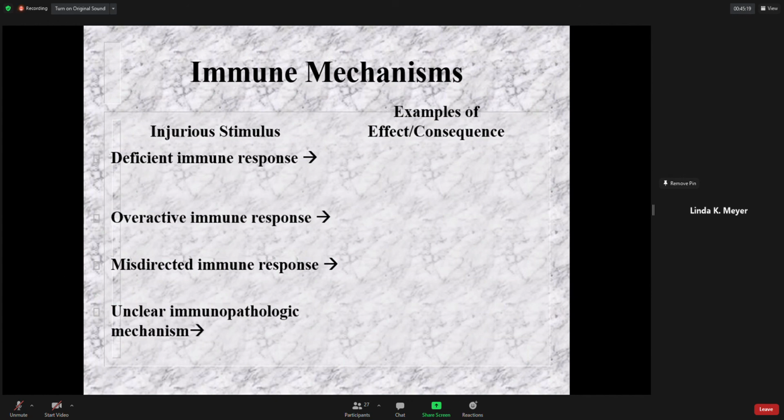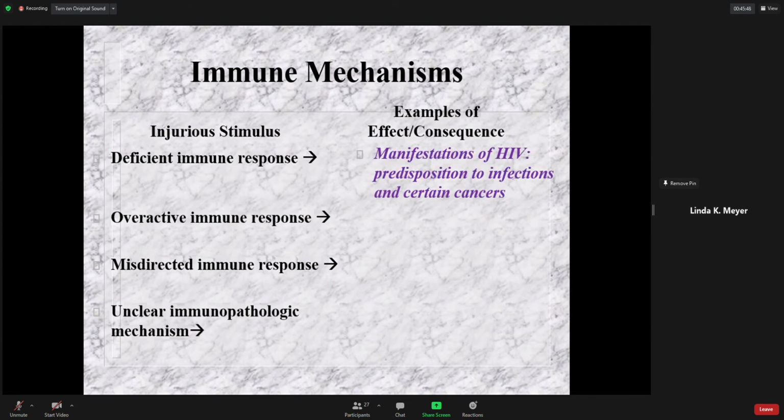So the effects or consequences are actually immunologic diseases or conditions. Someone that has a deficient immune response, such as in HIV infection, because their immune response is deficient, they're prone to infections and certain cancers.